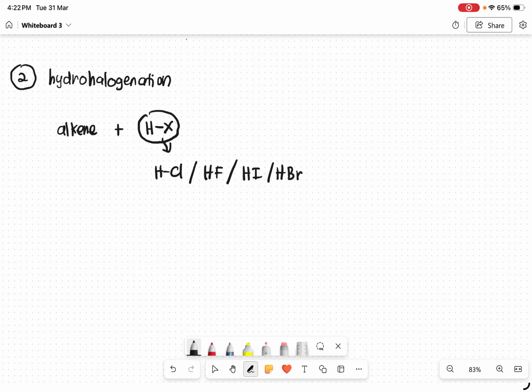So when alkene reacts with hydrogen halide, we just write it down. The starting material here is hydrogen halide, and the product formed is alkyl halide.